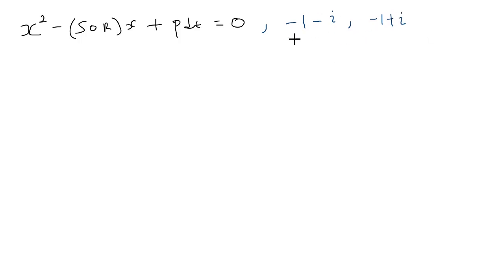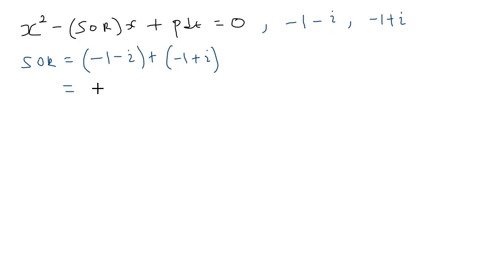So we can use these roots to find the sum of the roots and then the product of roots, and then substitute in this general equation. So what's the sum of roots? The sum of these roots, we simply add -1 minus i plus -1 plus i.